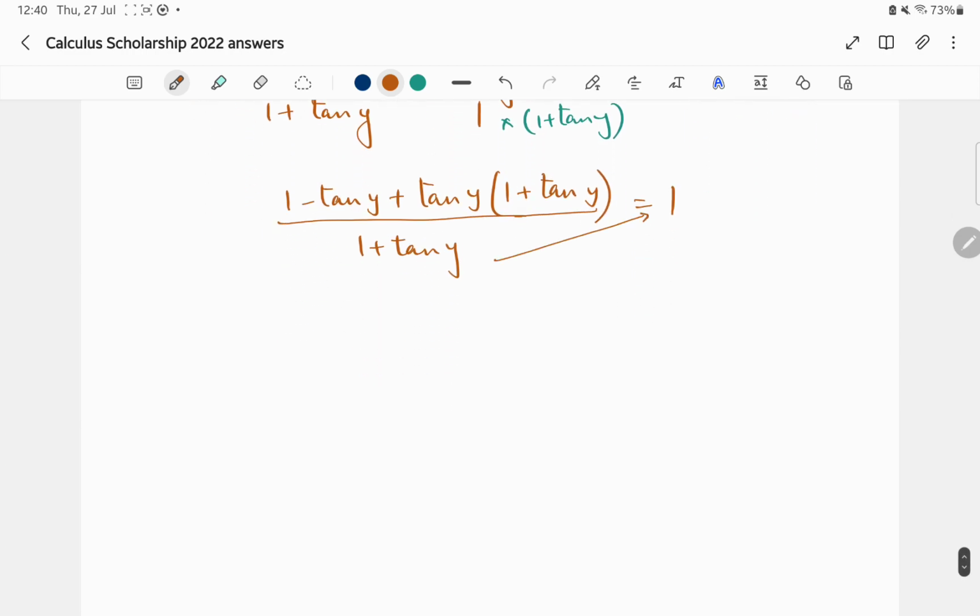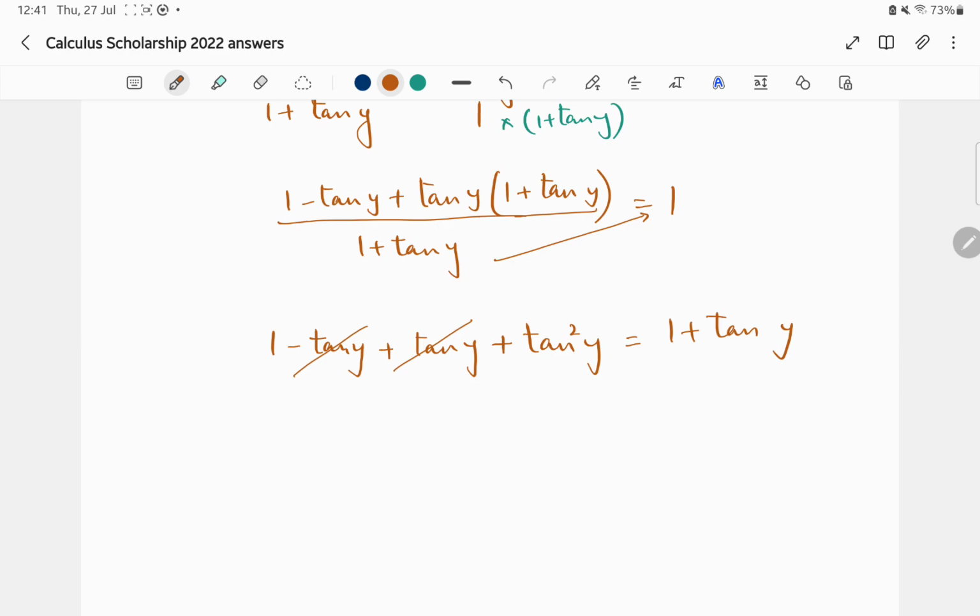Now this denominator is going to multiply on the other side. So we have 1 minus tan y plus tan y plus tan square y is equal to 1 plus tan y. Okay. Now tan y and tan y cancel.